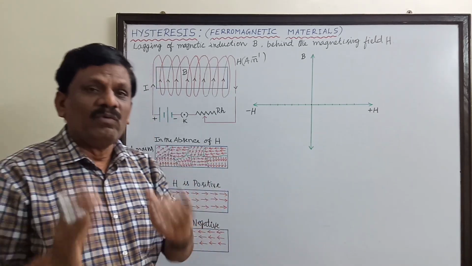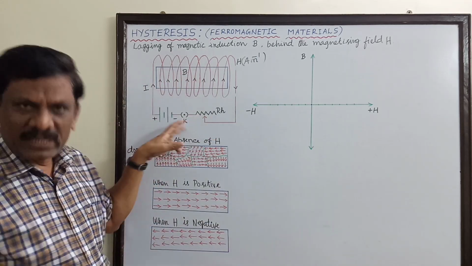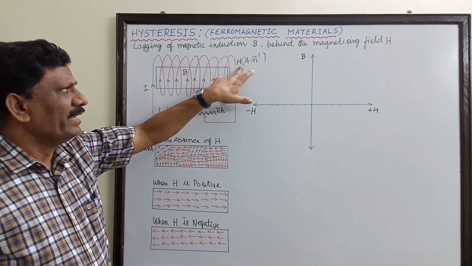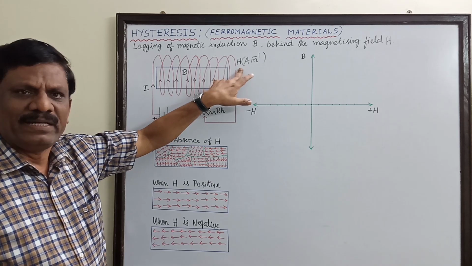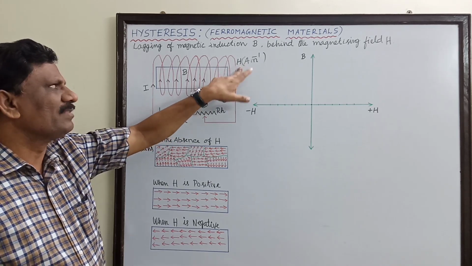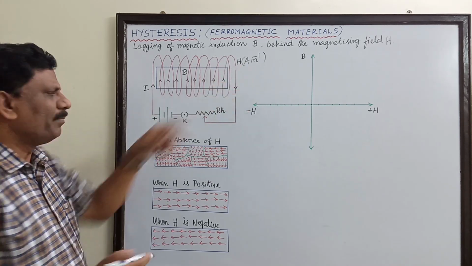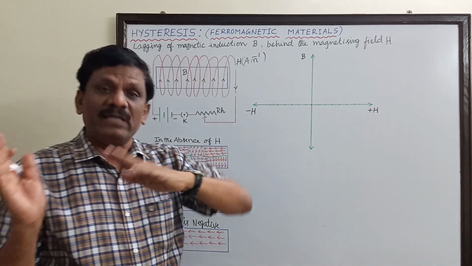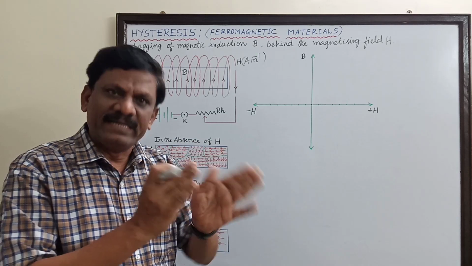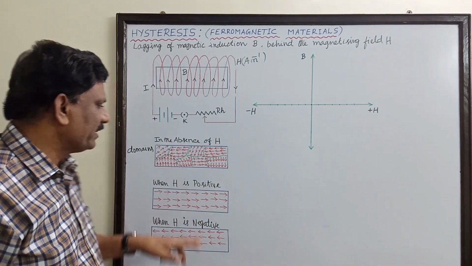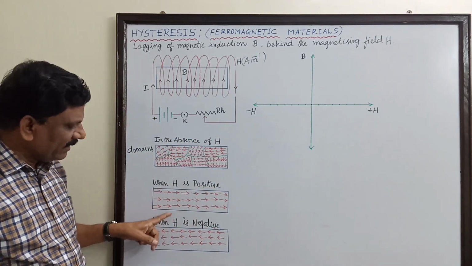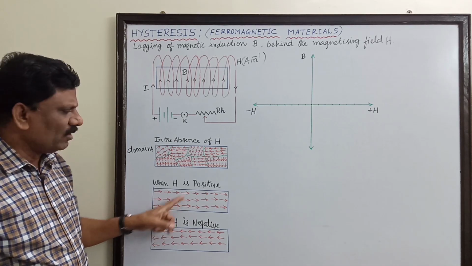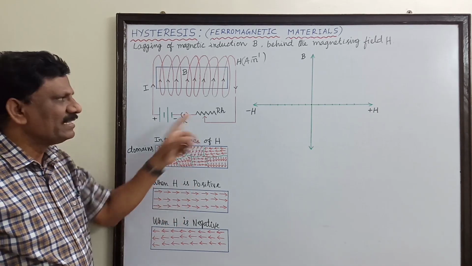And now when I pass current through the coil, a magnetizing field is applied. So in the presence of the magnetizing field, what will happen to these atomic dipoles? All the dipole moments will orient and align along the direction of the external magnetizing field. I have taken first what will happen when H is positive.